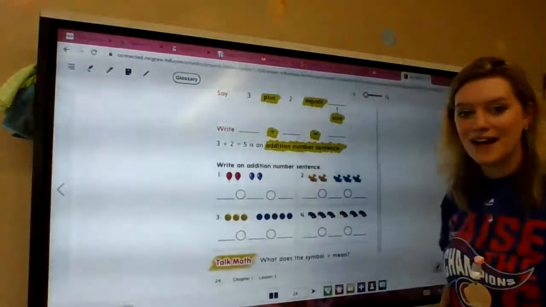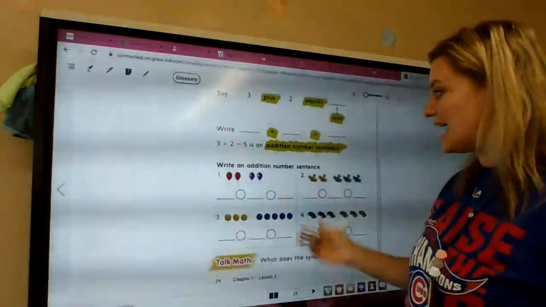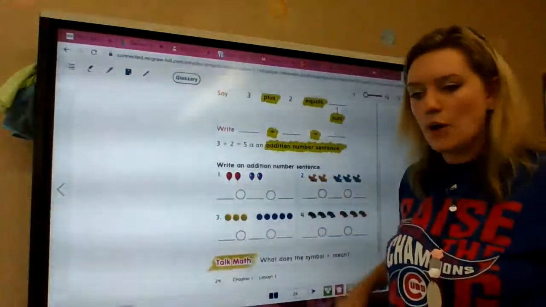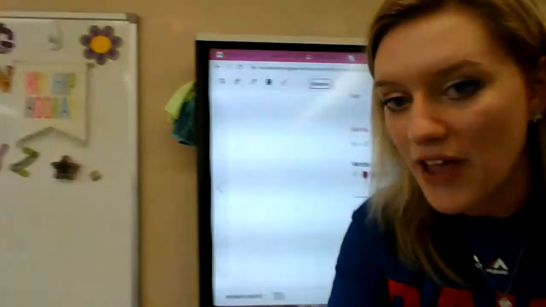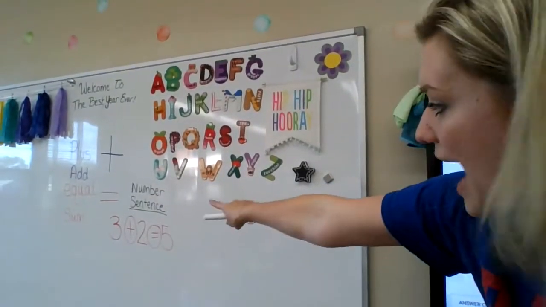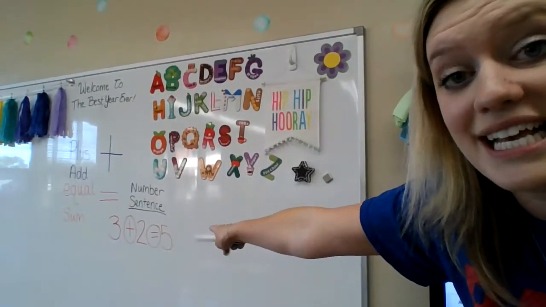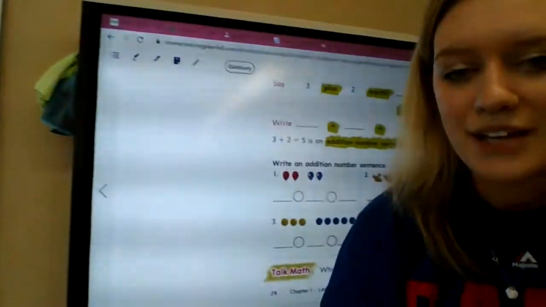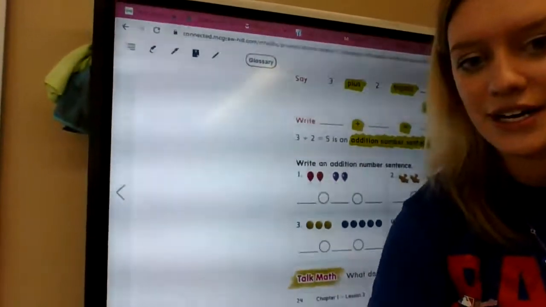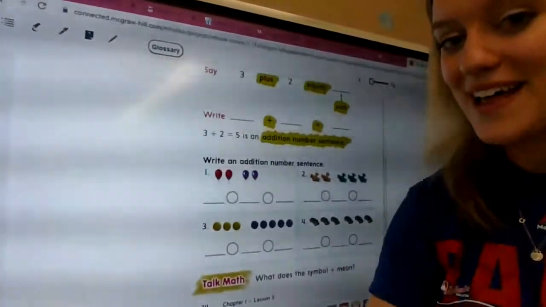All right, at the bottom, it asks us to write an addition number sentence. Now, what are these circles for? I don't know if you remember, but over there, I circled where the plus mark is and where the equal sign goes. So do you think we might do something really similar over here? I think we might.